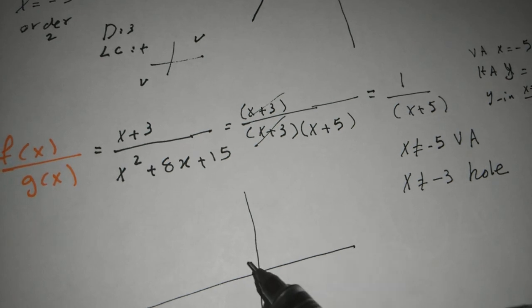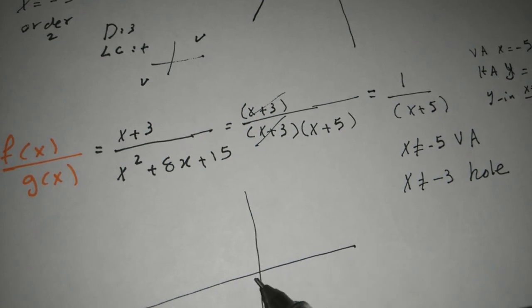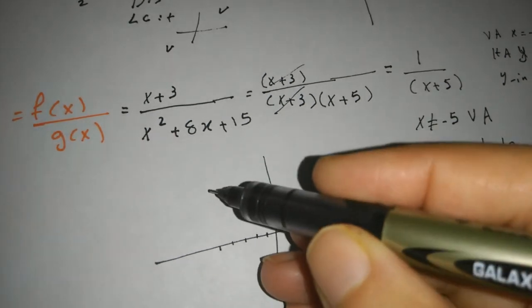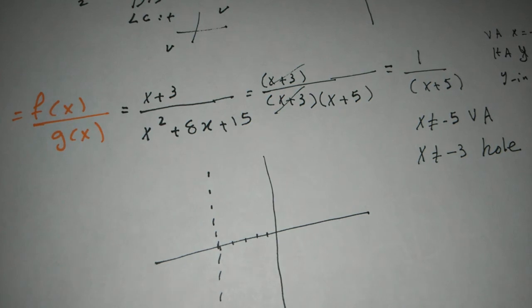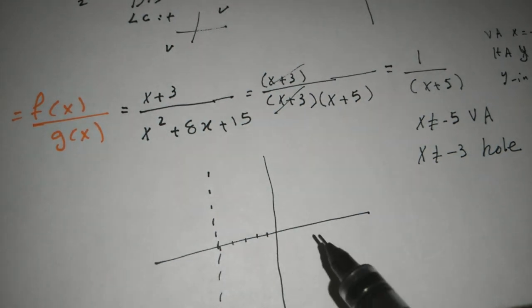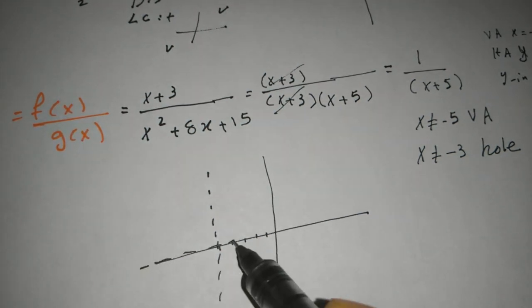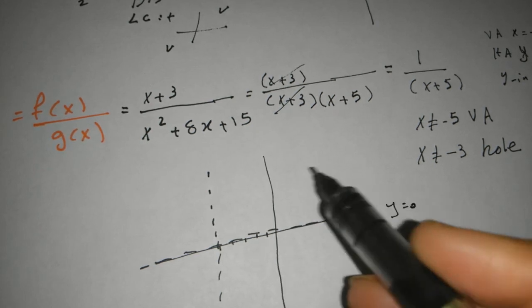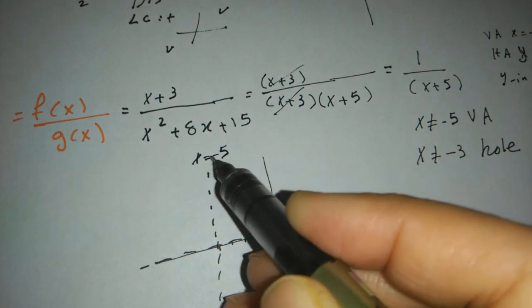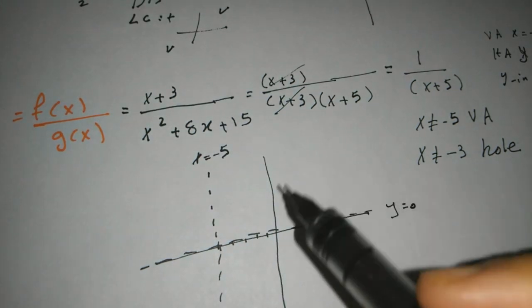So x equal to -5 is going to be my vertical asymptote. Also my horizontal asymptote is y equal to 0. The y-intercept is 1/5.